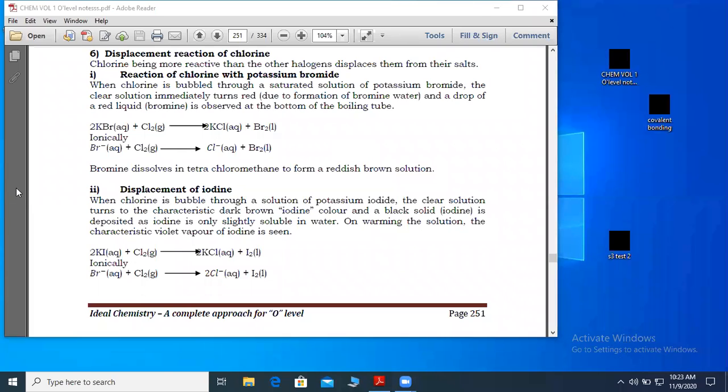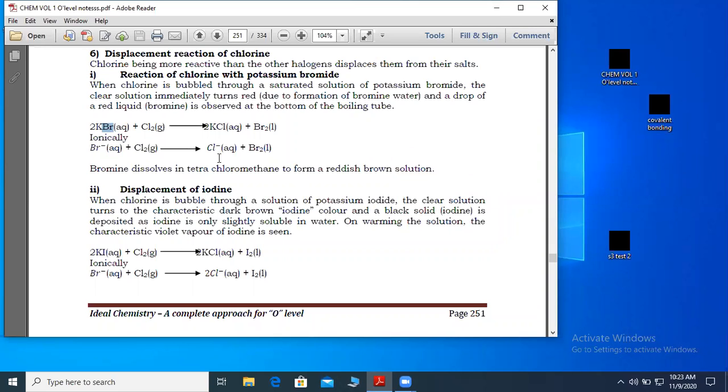Therefore, chlorine displaces bromine from its solution of potassium bromide, forming bromine, which is red.